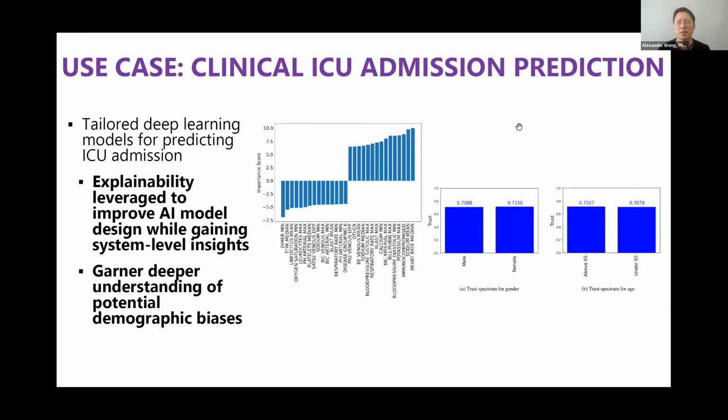We've also seen situations where education actually had a big factor. So decisions being made for individuals with a high school education were not treated as trustworthy compared to individuals with university-level education, grad school education, and so on and so forth.